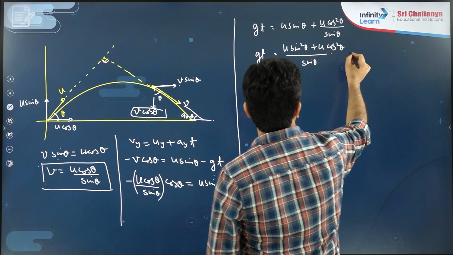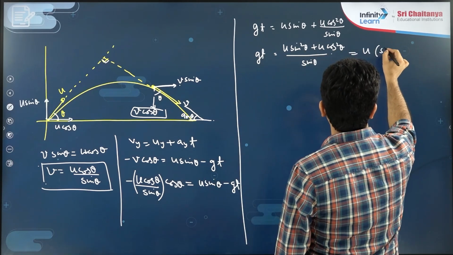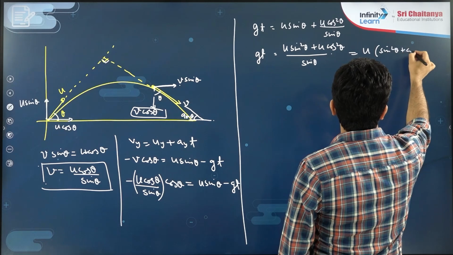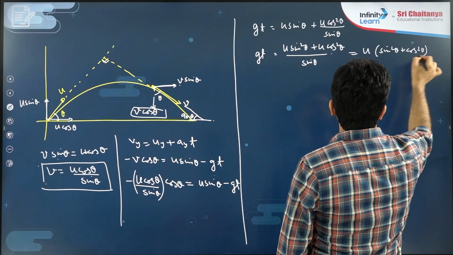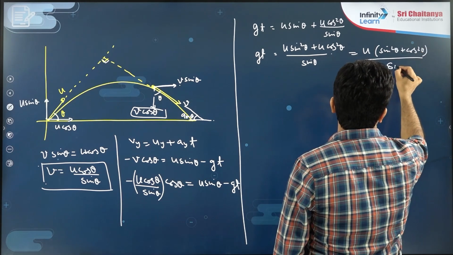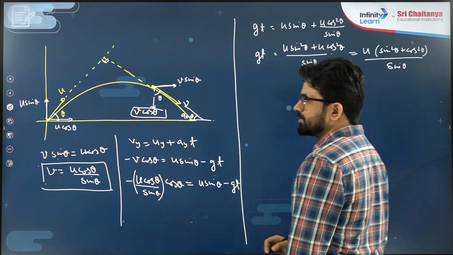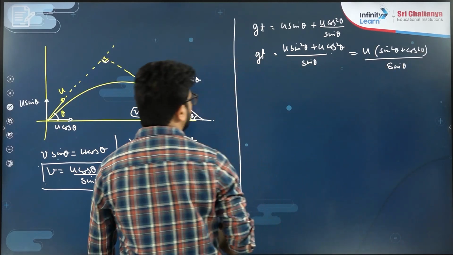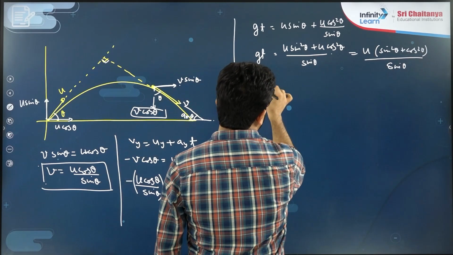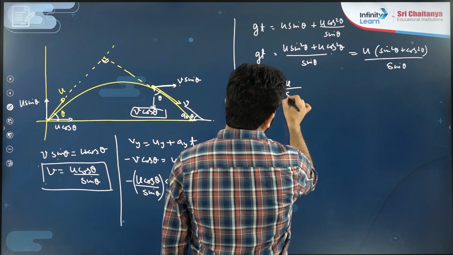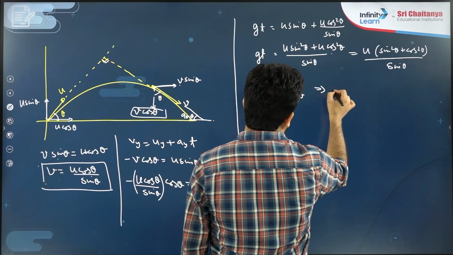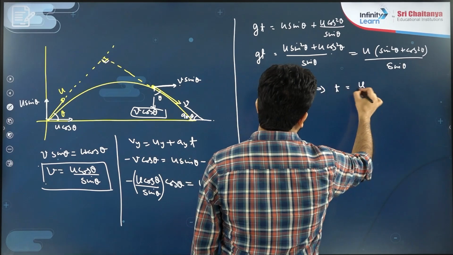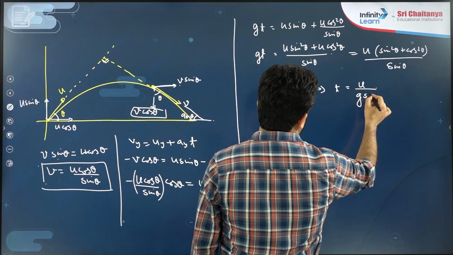So you can take u common, this would be sin square theta plus cos square theta divided by g sin theta. Sin square theta plus cos square theta is equal to 1. We know that part. So from here you can say g into t is equal to u by sin theta, and very basically you can say t is equal to u by g sin theta.